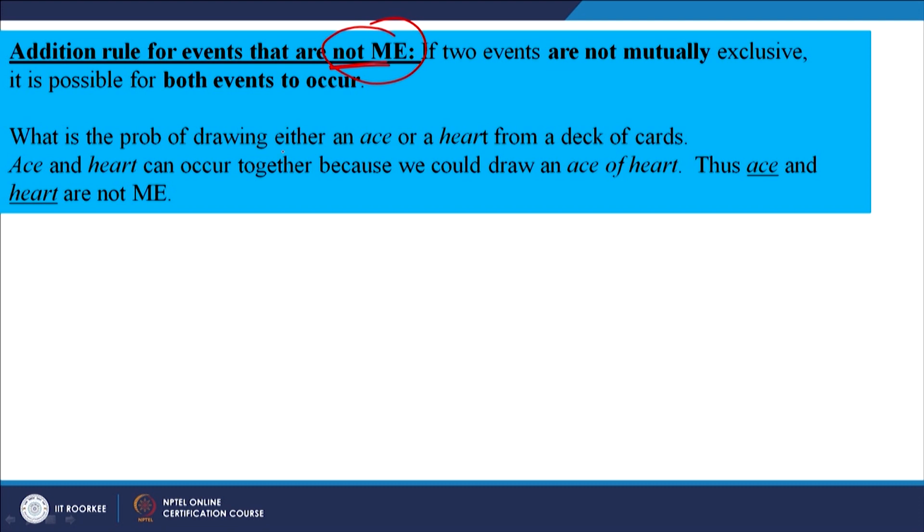What is the probability of drawing either an ace or a heart from a deck of cards? Ace and heart can occur together because we can have an ace of hearts. So ace and heart are not mutually exclusive; they may happen together.